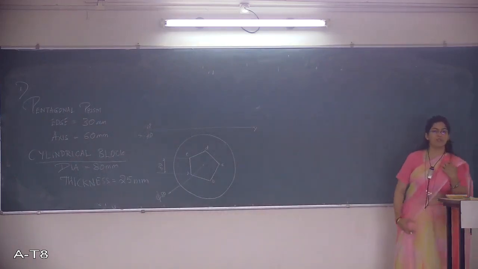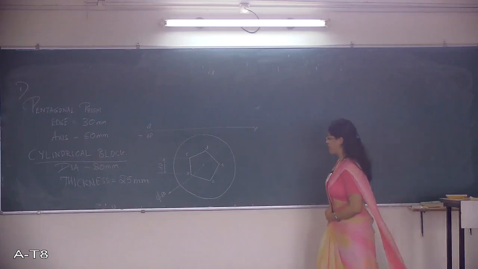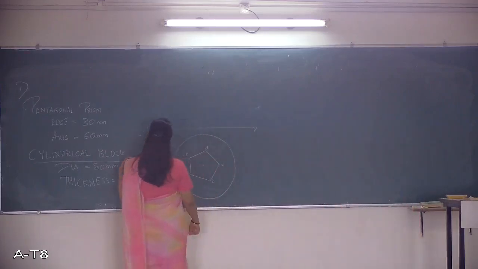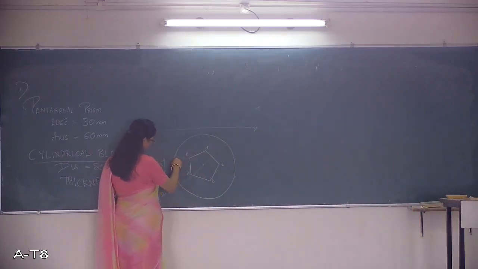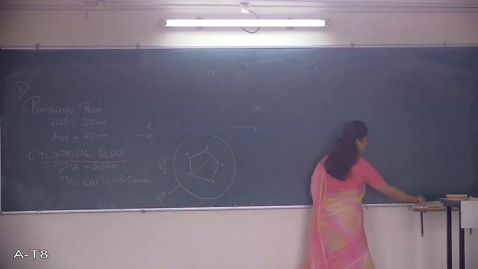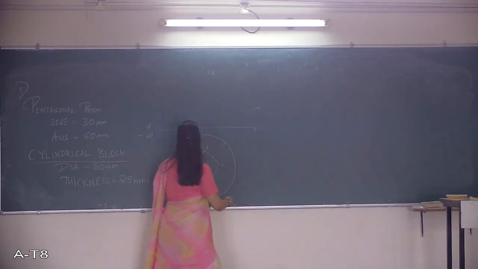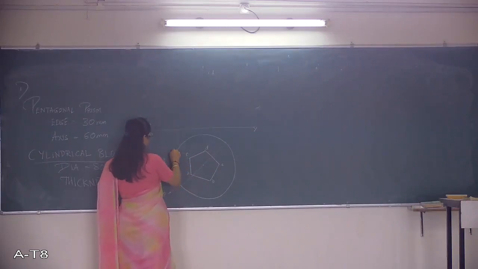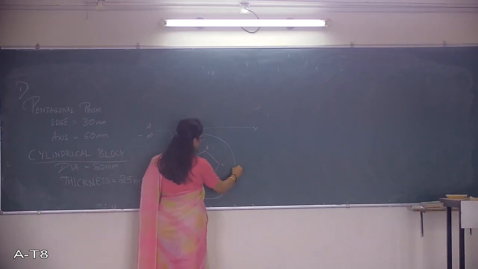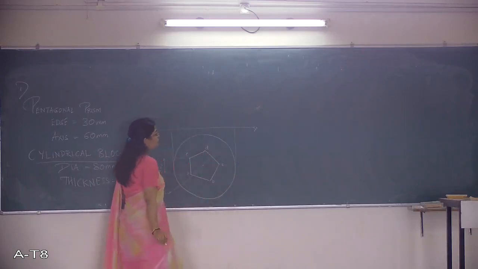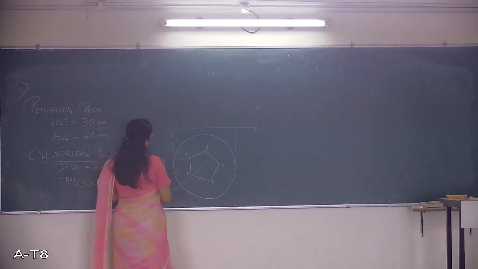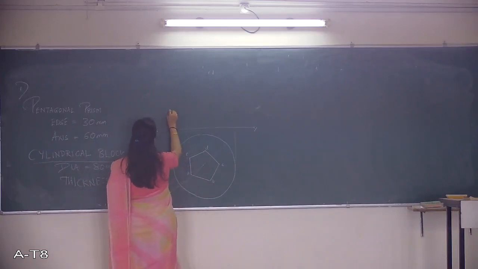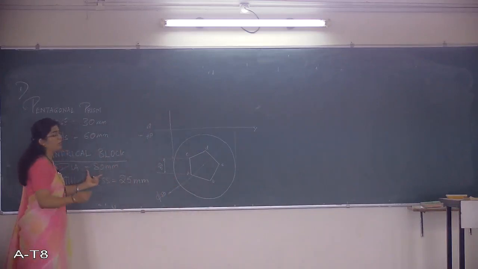Now let us proceed to get the front view of the same. In order to get the front view, we will project this on top. We know how to get the front view and the top view of the solids. Once we do this, what is the thickness of the cylindrical block given, which will be visible in its front view?